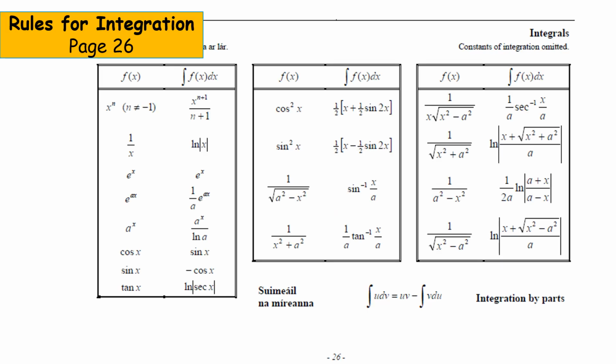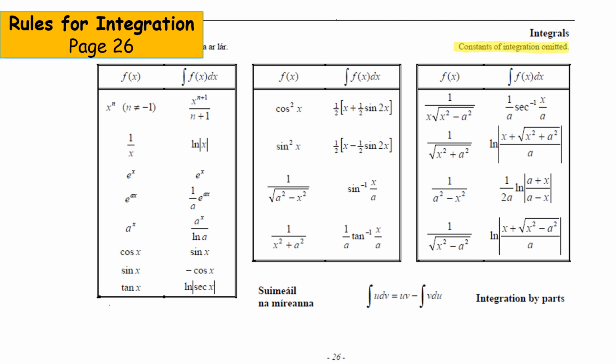So on page 26, we have all the rules for integration. In maths, we're only going to be using that first box. For applied maths, we use the whole page. But what I want to draw your attention to is the little bit of information up here, and that is that the constant of integration is omitted.